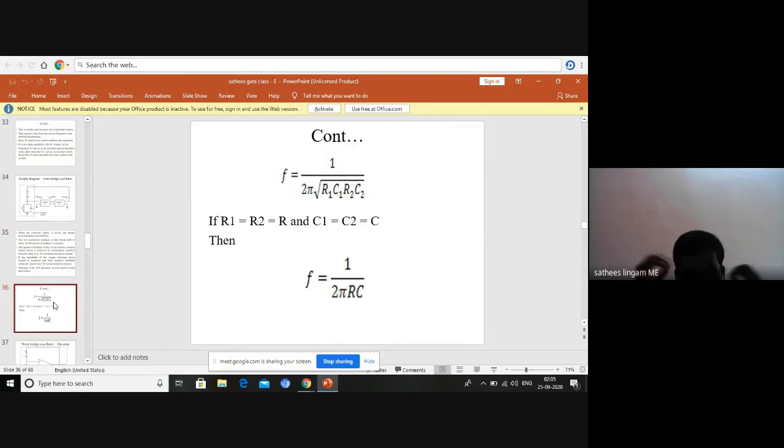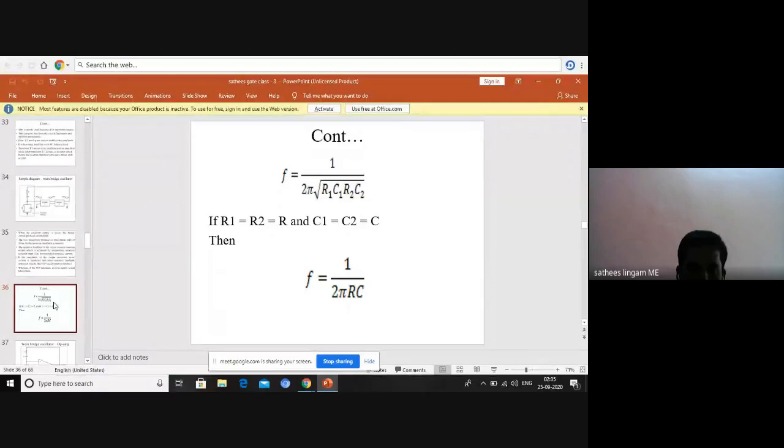Here also we can take this formula. The frequency of oscillation fo is equal to 1 by 2 pi root of R1 C1 R2 C2, because R1 C1 and R2 C2 are connected as series and parallel combinations.